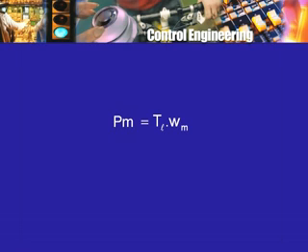Now depending on the particular load application, of these three numbers Pm, TL and omega, two of them will be specified. In the grinding wheel example, perhaps based on some previous experience or measurement, one will be able to figure out what the load torque is when you are doing a particular grinding operation, what the resistance of the surface being ground is, and therefore what torque is required, and of course the speed at which the grinding wheel should operate.